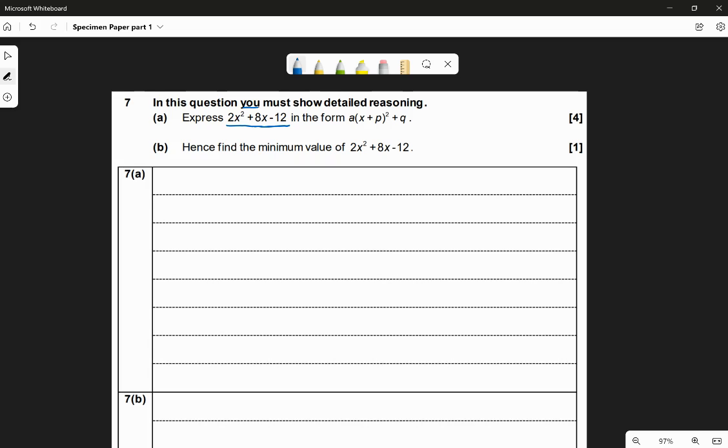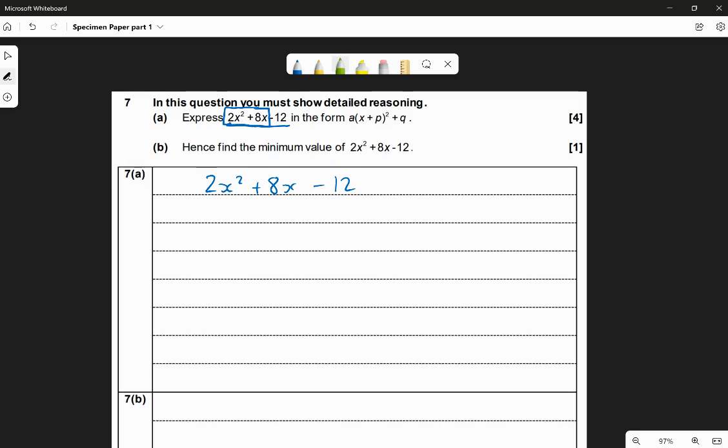What I do is I focus on the first two parts, the x squared part and the x part. And I ensure that I have an expression which is just 1x squared, by taking a factor of however many x squareds I have. So 2x squared plus 8x minus 12.